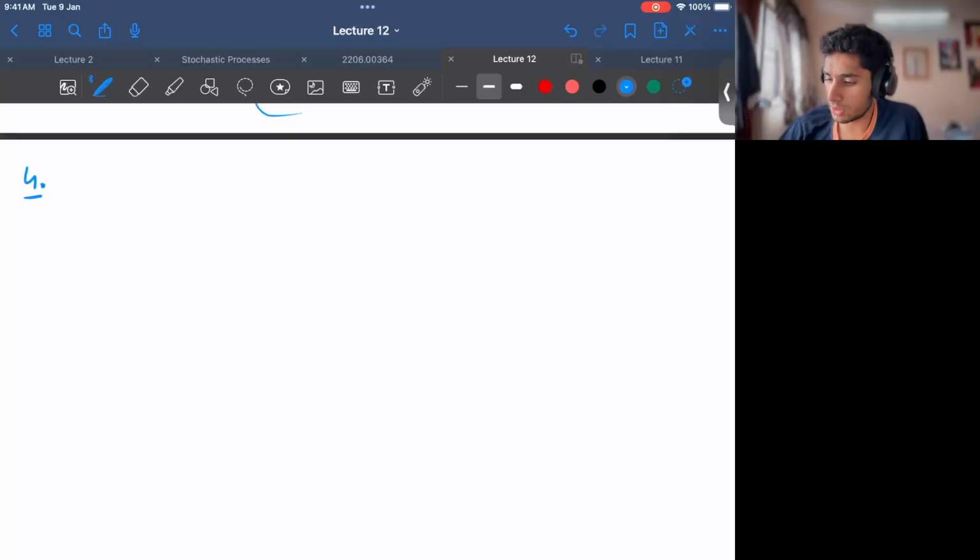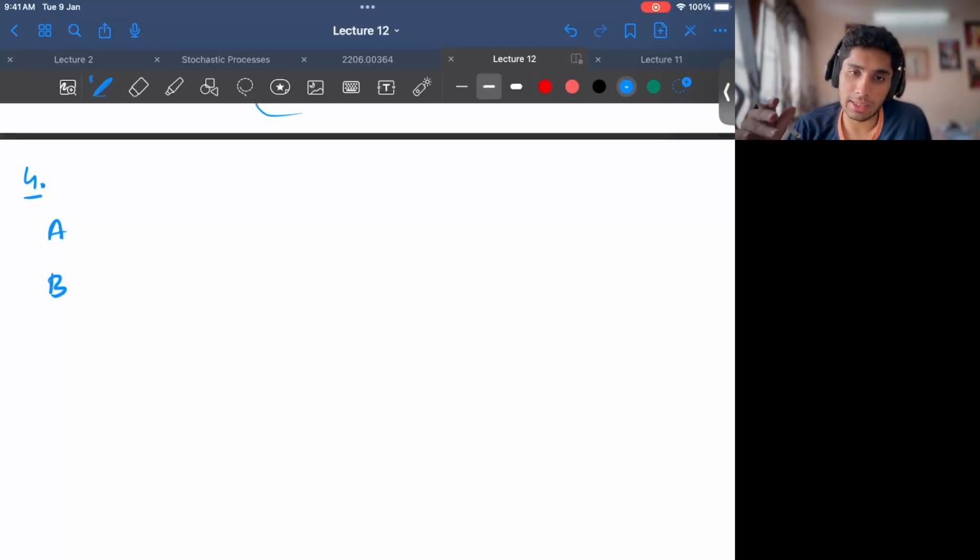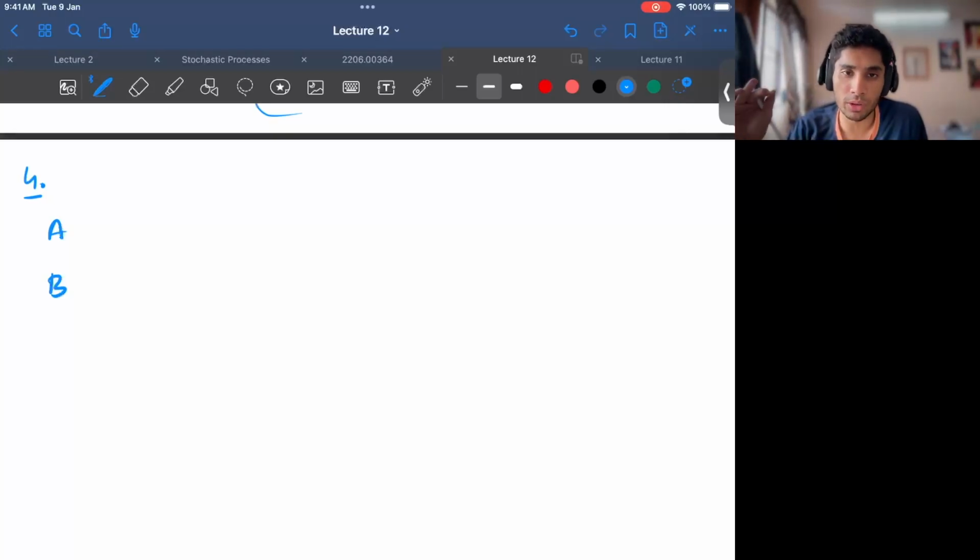Okay, so the fourth question is as follows. There are two brands, brand A and brand B. Brand A provides a medicine, and the company's claim is that brand A gives faster relief compared to brand B. Someone collects samples from both the brands, and they have to check if this claim is true or not.